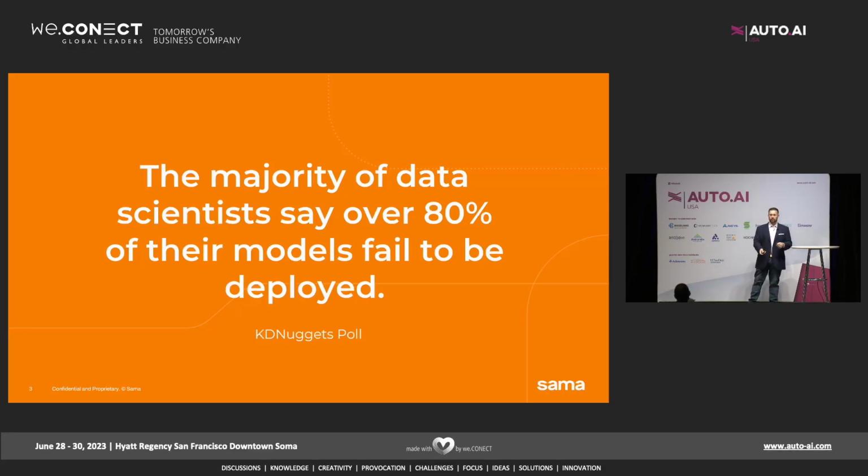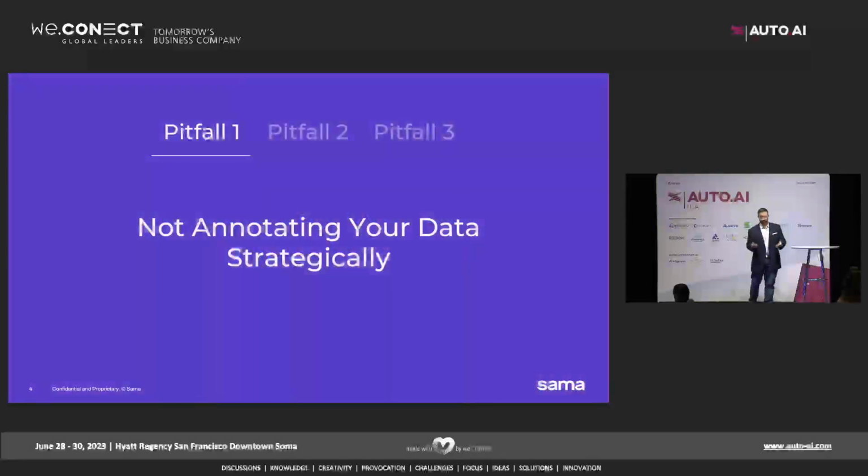Now, the first pitfall that I wanted to talk about was making sure that you strategically annotate your data. One of the problems is, as RJ said, there was a rebalancing that he put on his slide as well. And that's one part of it, that not all data is the right data for your model. Is it going to progress your model forward?